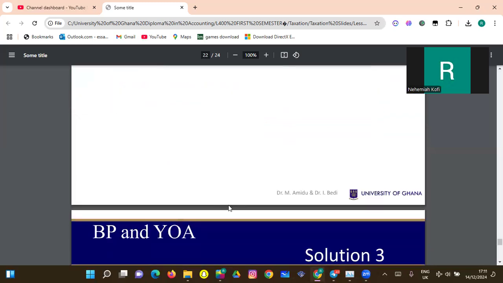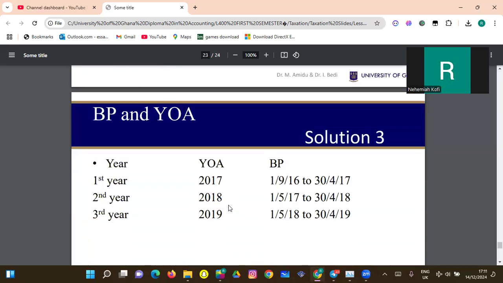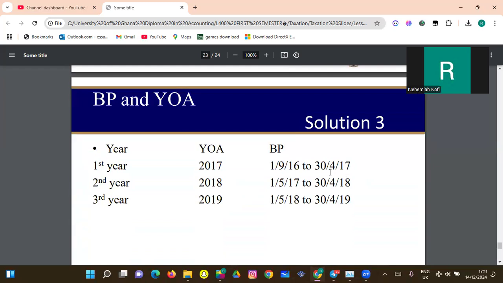Let's see if that's what is in the answer here. So the first year, the 2017 year of assessment, started from 1st September 2016 and ends on 30th April 2017. I'm telling you to always keep an eye on this: the ending year should always be equal to the year of assessment, if you don't want to get confused, right?